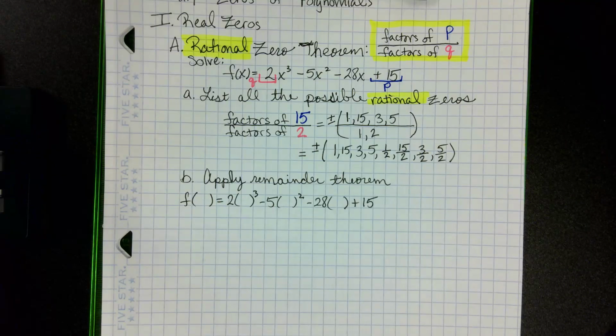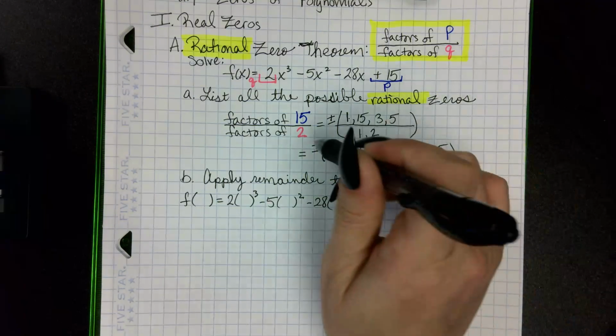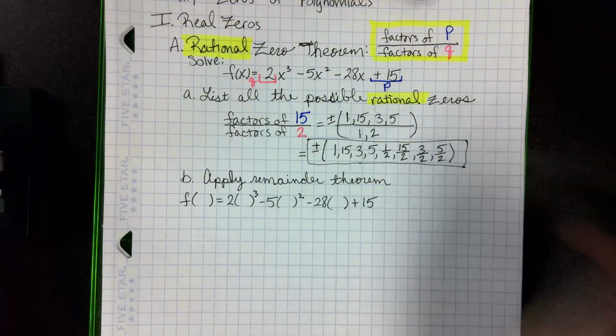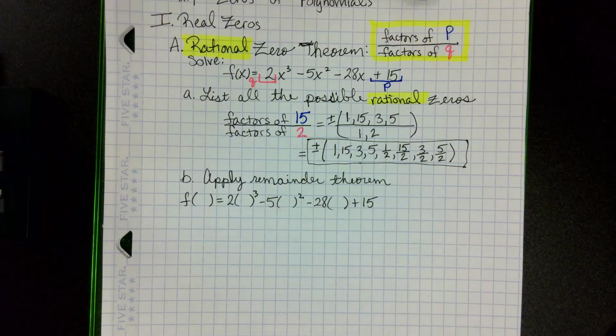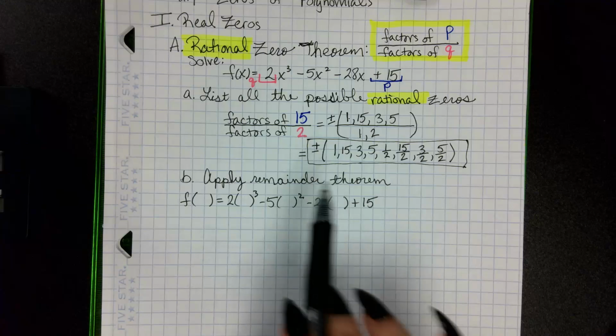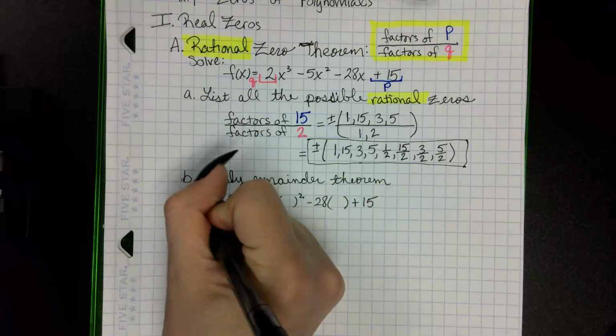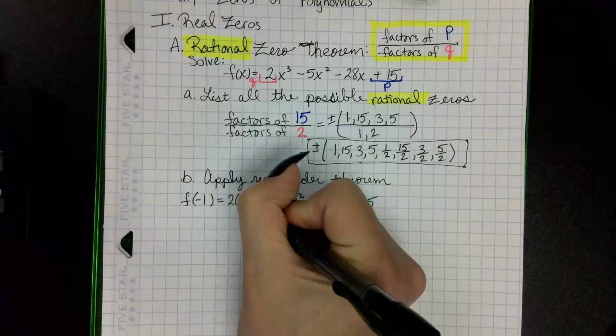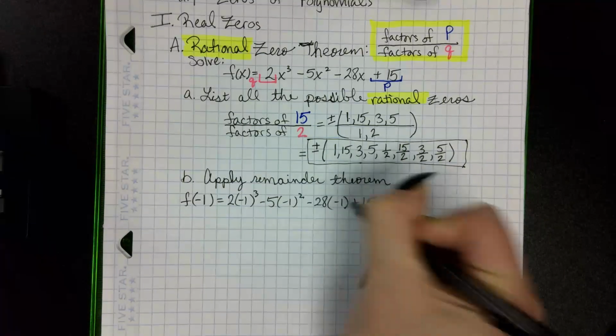And I'm going to pick one of these possible rational zeros that I found, any one I want, it doesn't matter. I'm going to go with -1. So I'll plug in -1, so I write -1, -1, -1.